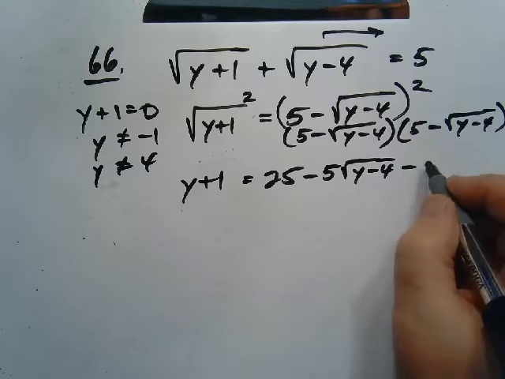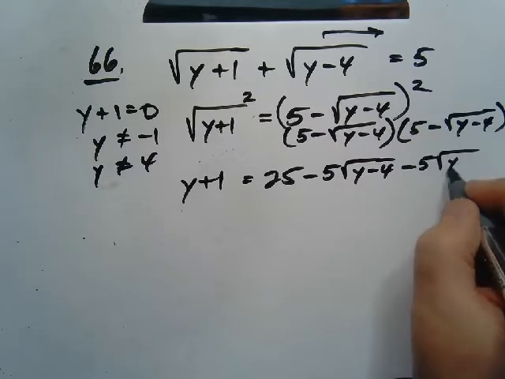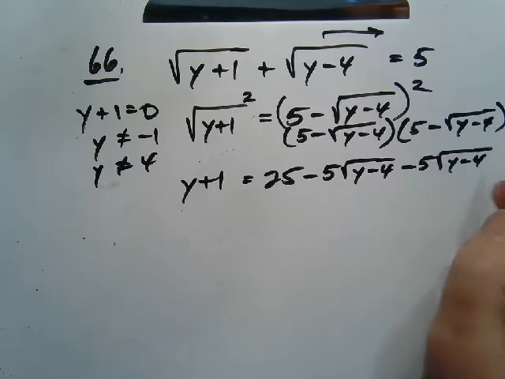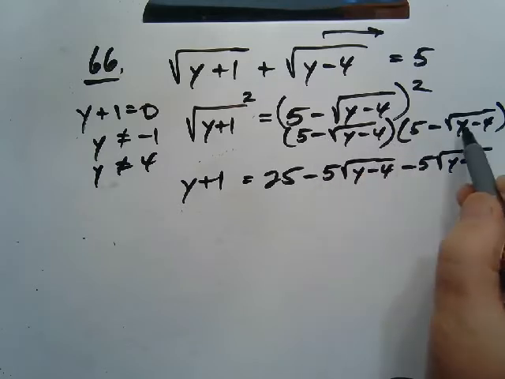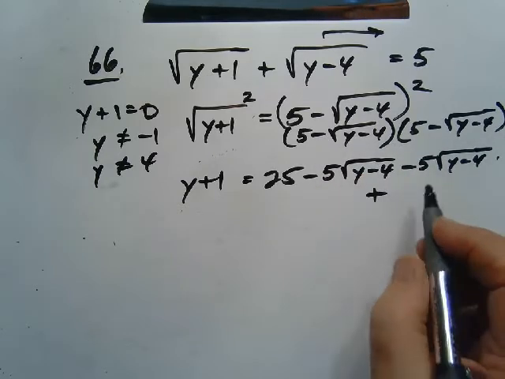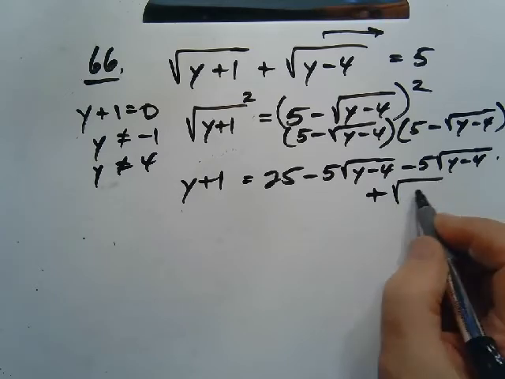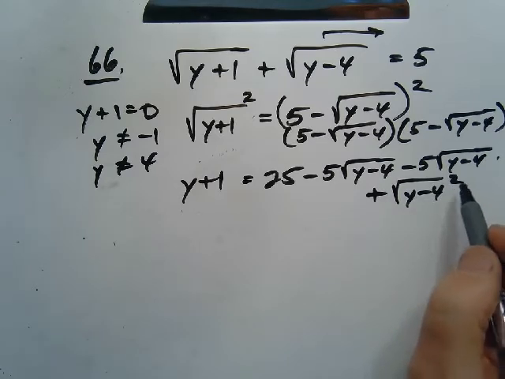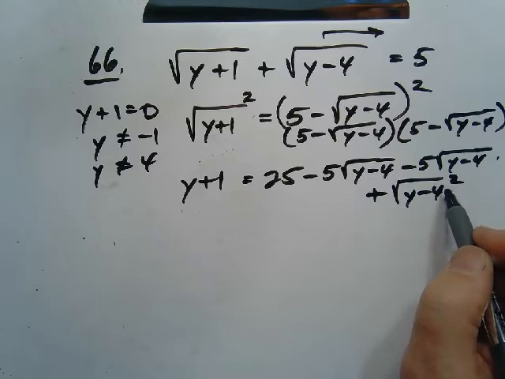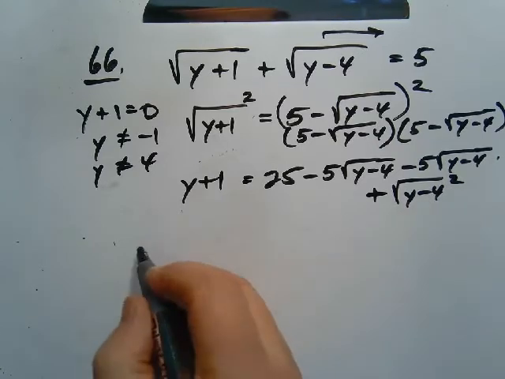And here's another negative 5 root y minus 4. And now I'm out of room here, but negative root y minus 4 times another negative is a positive root y minus 4 squared. Well, what is the square root of something squared? This just becomes y minus 4.